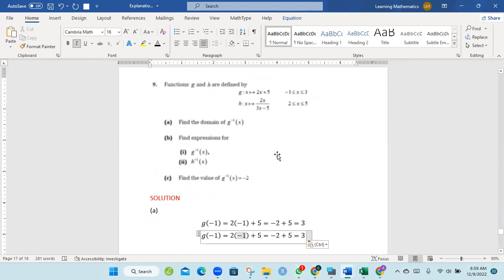So we're going to substitute this other 3 into the function. So that's 2 times 3 is 6. 6 plus 5 will give us 11. So the range of the function is from 3 to 11. So therefore, the domain of the inverse will be that very same 3 to 11.